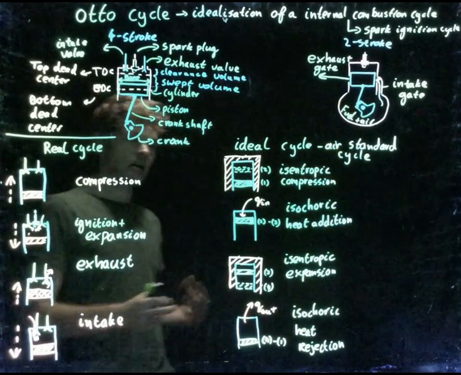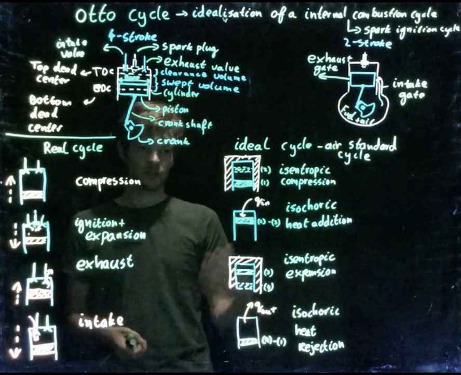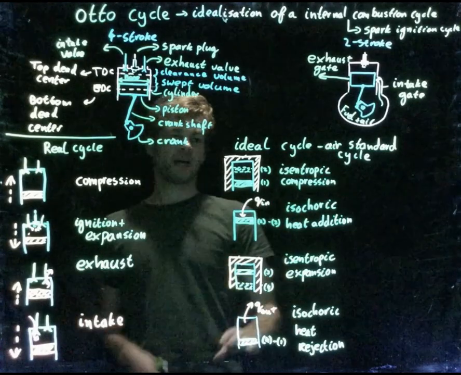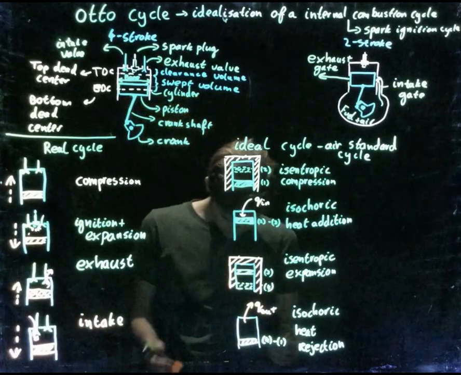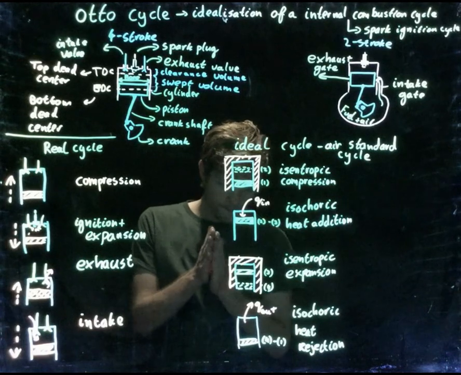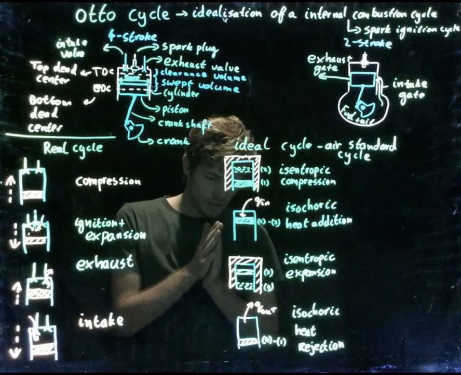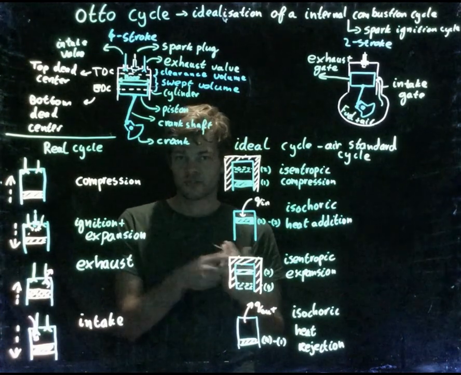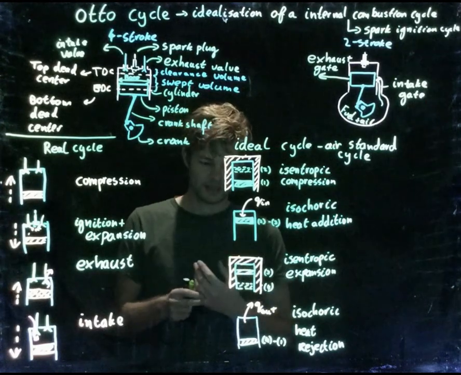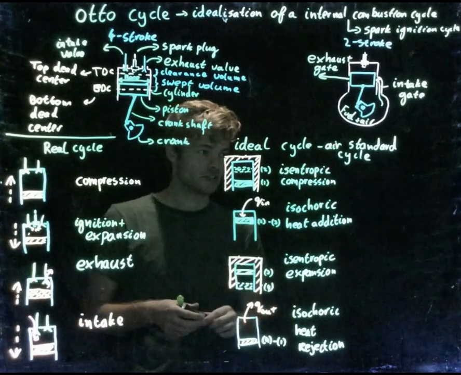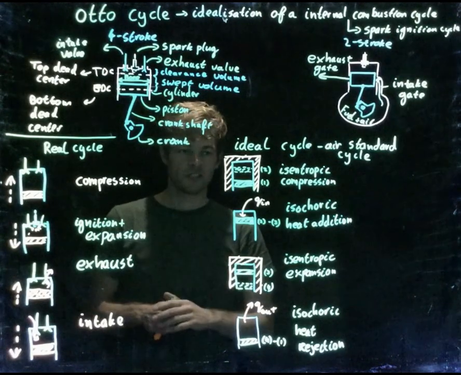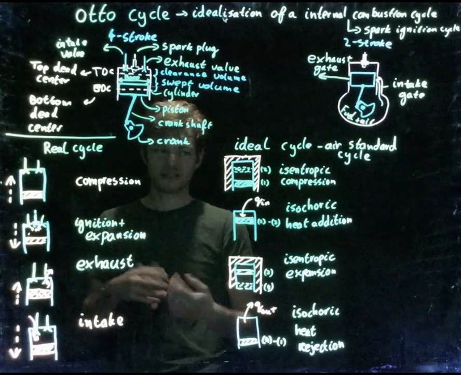So actually this is how we describe the Otto cycle as an ideal cycle, to make some thermodynamic analysis of this spark ignition cycle. And of course, since we're engineers, we would like to see this schematically in a diagram.